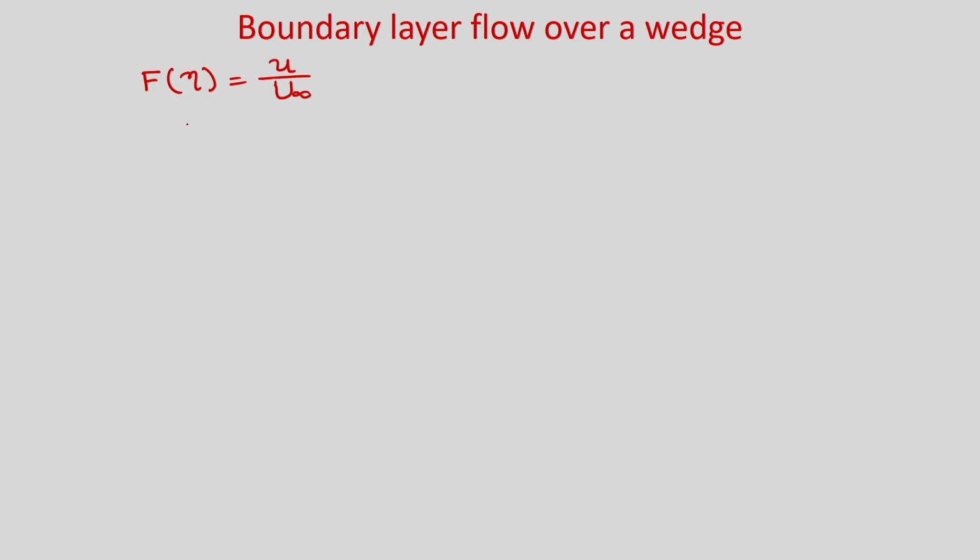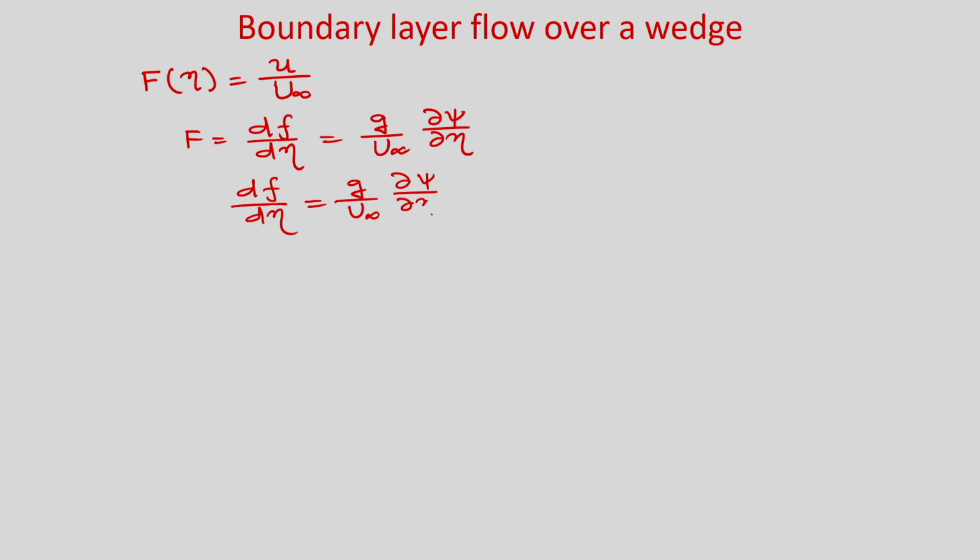We also showed earlier that df by d eta is equal to g by u infinity del psi by del eta. So, now we can write df by d eta is equal to g by u infinity del psi by del eta.